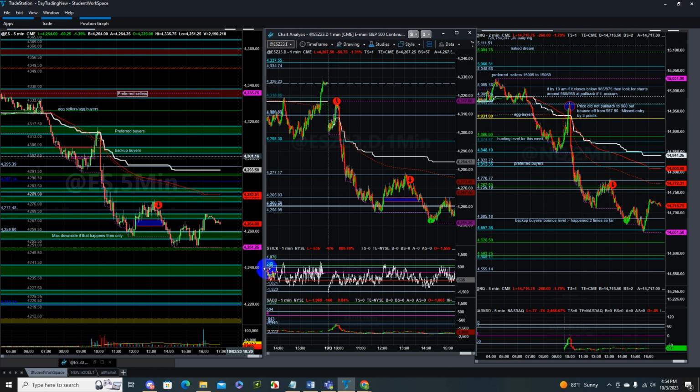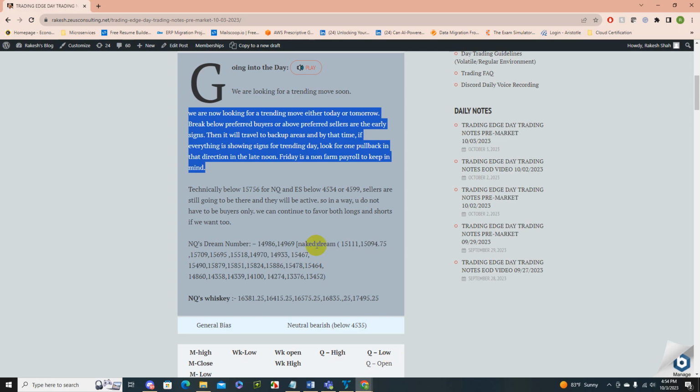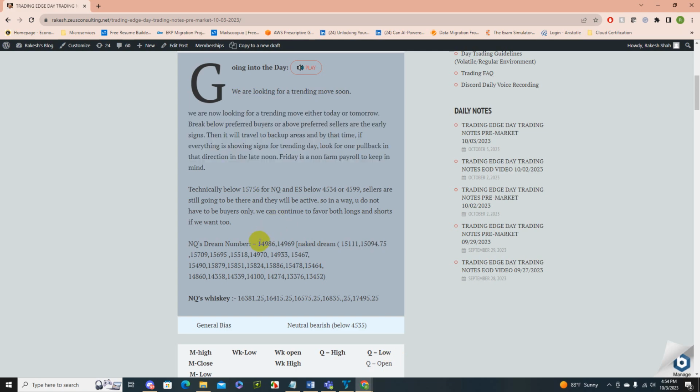Now also, our members know these dream numbers are very powerful numbers. Pretty much you can survive in day trading on only those 2 levels. That's it. You don't have to worry about any other level, but you have to make a process out of it first, how to trade these numbers, and then you can trade, right?